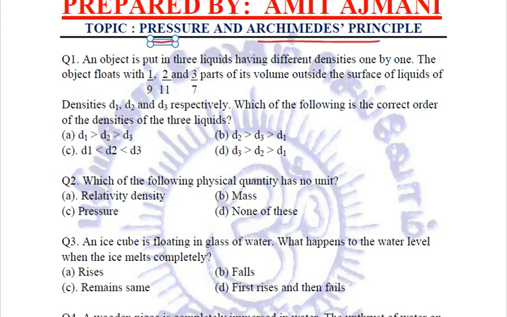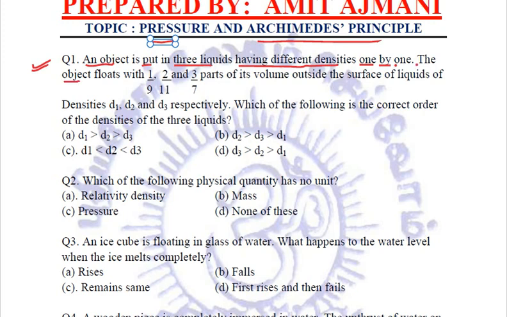Now this is a very important question which has been asked many times. Please try to relate. An object is put in three liquids having different densities, one by one.